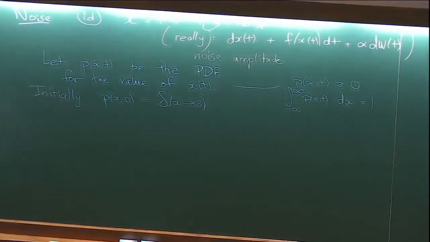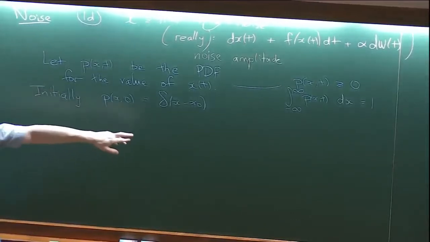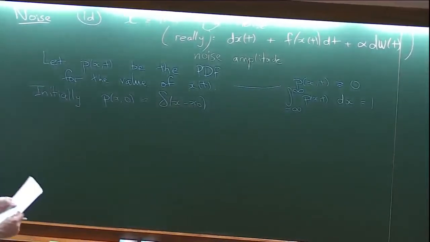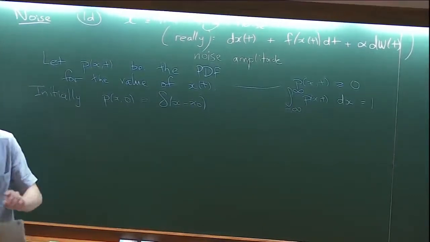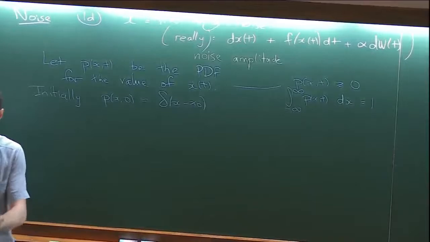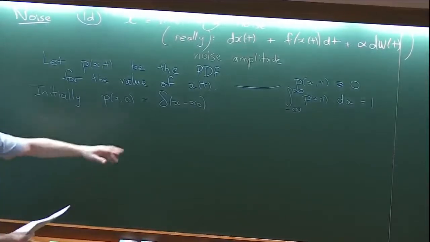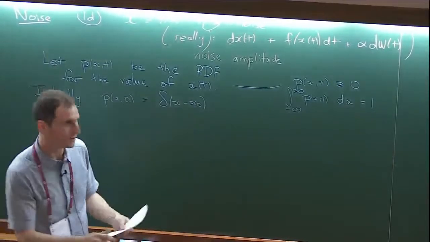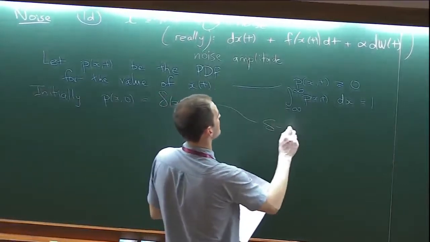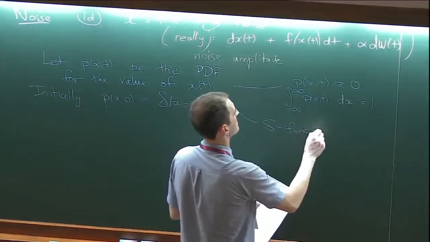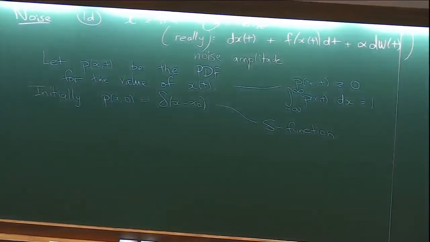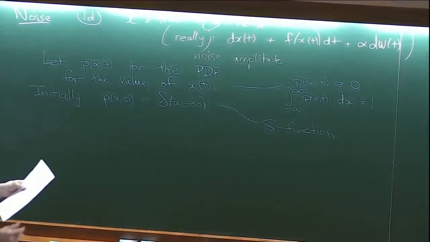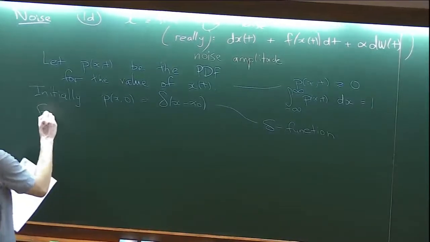Okay, so let's suppose that our orbit starts off at some given initial value, x0. In that case, the probability density function is an infinitely steep density centered about x0. We call this a delta function. You encounter delta functions in engineering when you want to describe some idealized impulse.